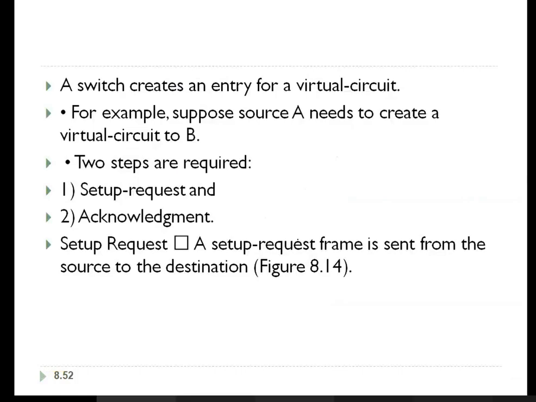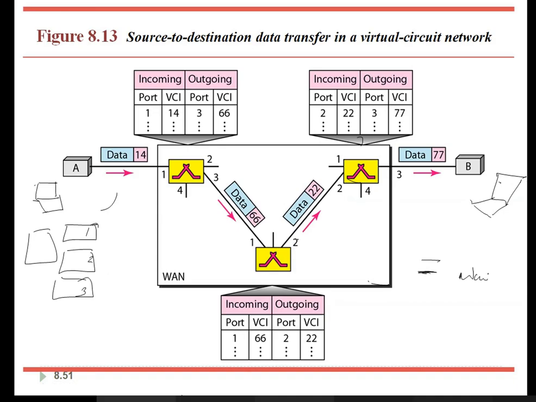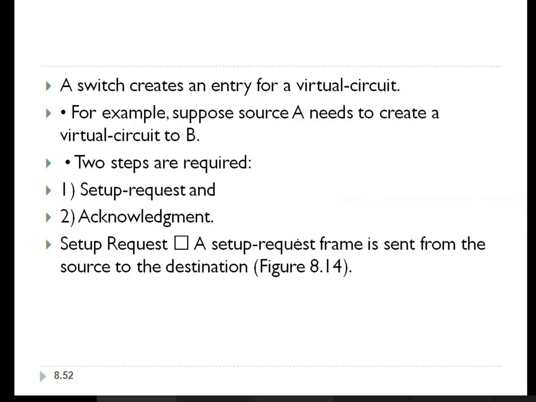Next we have the setup phase. Before data transfer there is a setup phase. How is the setup phase done? It has two steps. One is the setup request. The first step of the setup phase is the setup request.